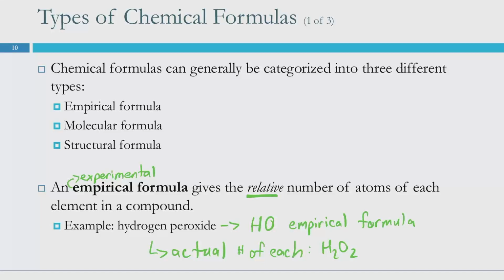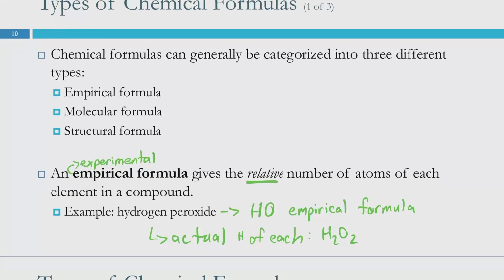So anytime we can reduce the subscripts, we do so for the empirical formula. So we're going to simplest subscripts. This might give you some flashbacks to algebra, least common multiple sort of vibes.